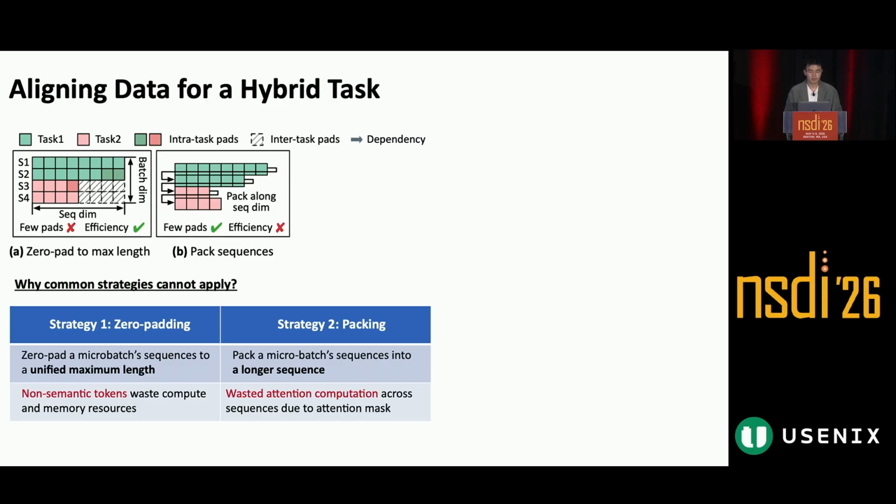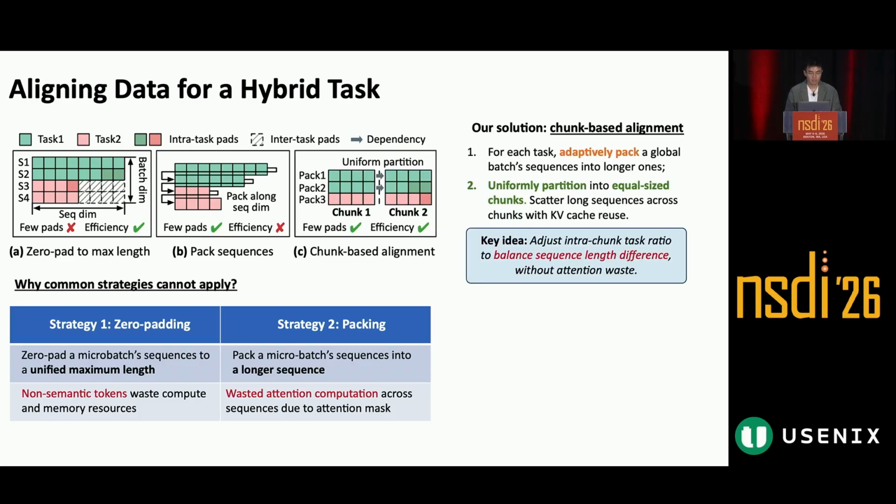The last thing is to align data for a hybrid task. Common strategies, such as zero padding to a unified length and packing all into a longer sequence, either introduce ineffective tokens or waste attention computation. So our solution is chunk-based alignment. As shown in the figure, we first pack sequences of each task into longer ones with a unified length.